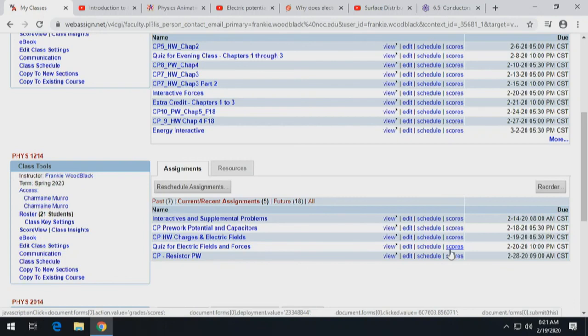Take that back. There is one electric flux question. It talks about if I have a closed surface and I put charges inside the surface, what's my flux going to be?